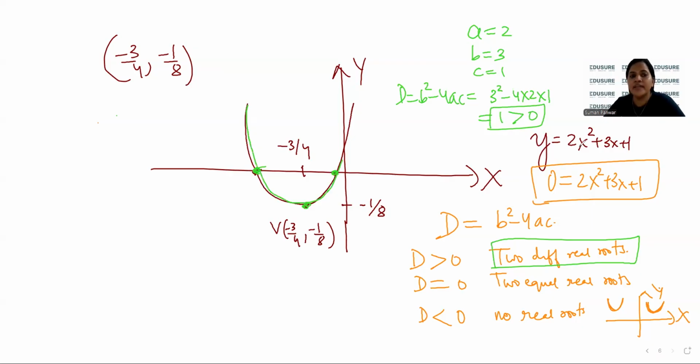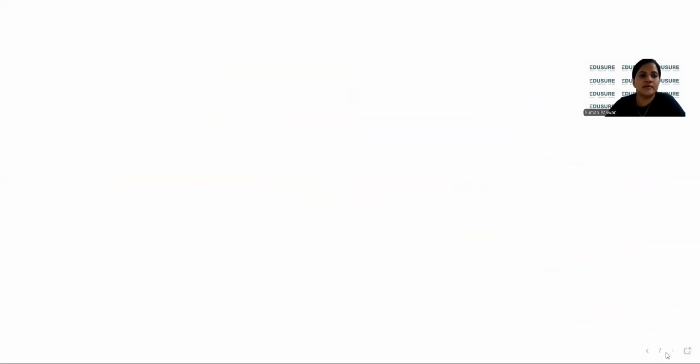Okay. Remember that the sign of a, that means the coefficient of x squared, decides whether the parabola will open up or the parabola will open down. Okay. So what are the tips? How to draw a quadratic function?